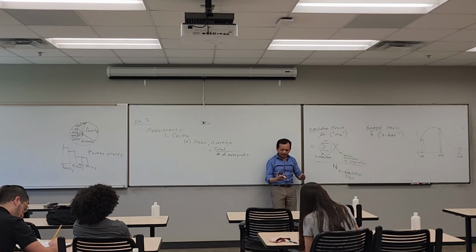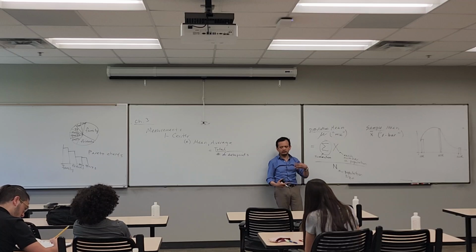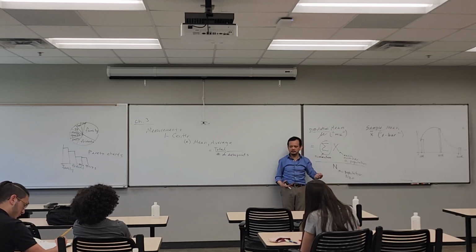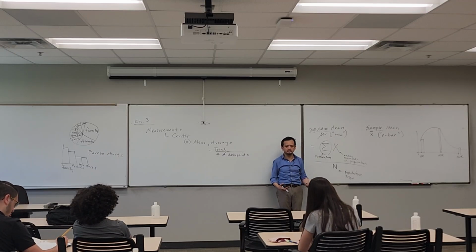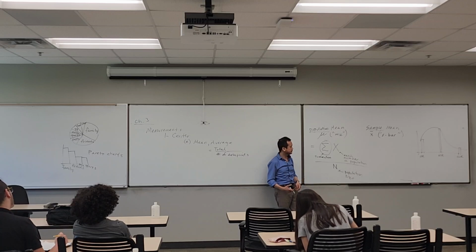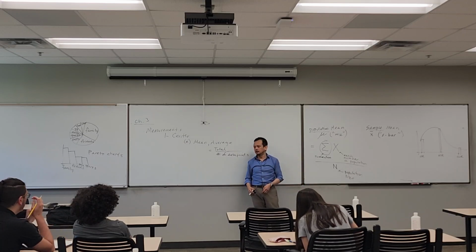So this is just a compact, exact way to communicate the idea of the population mean, which is to add up all the numbers in your population and divide by the number of numbers. Any questions?